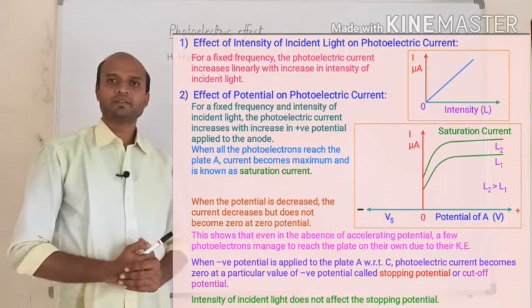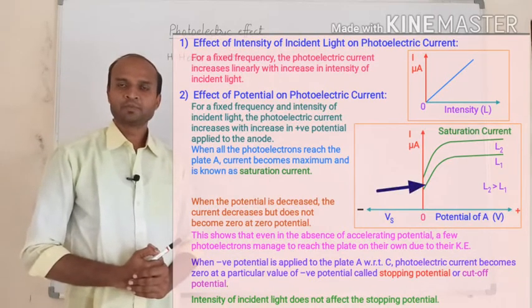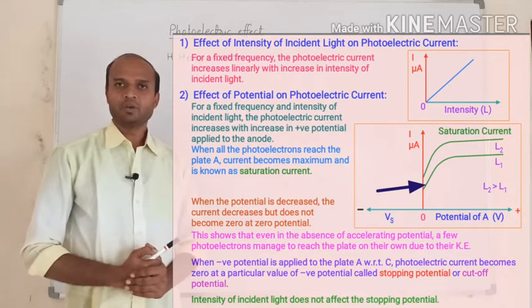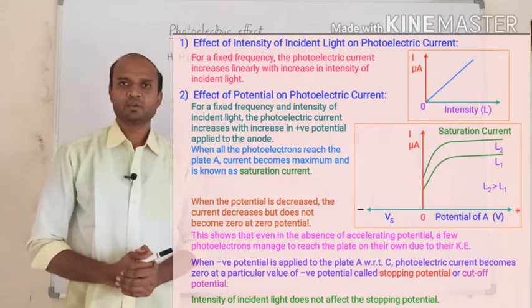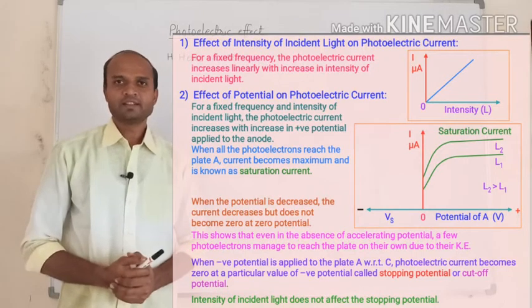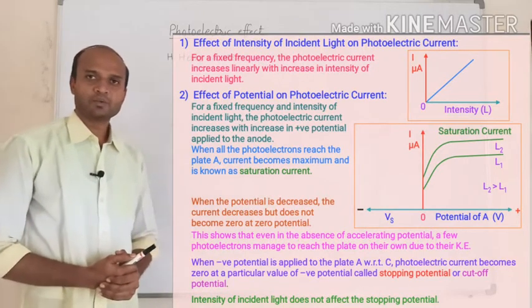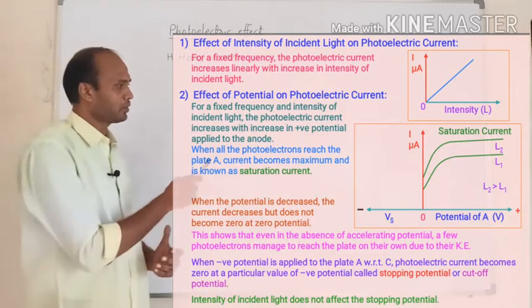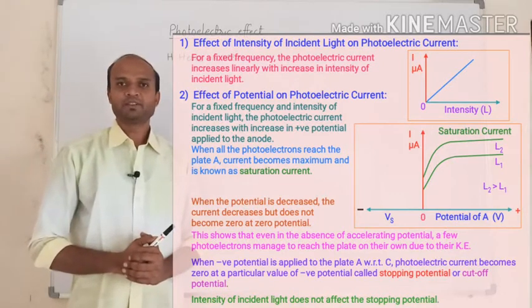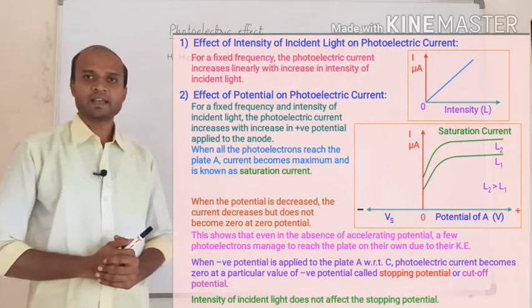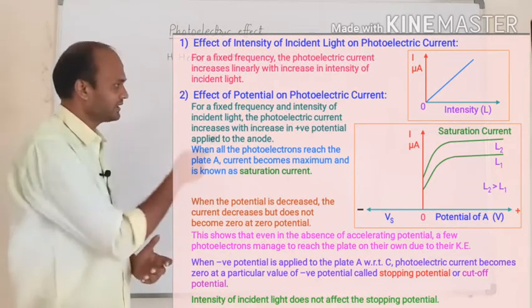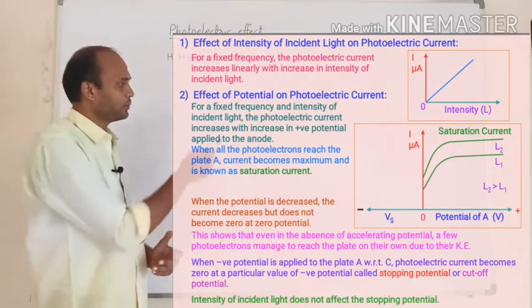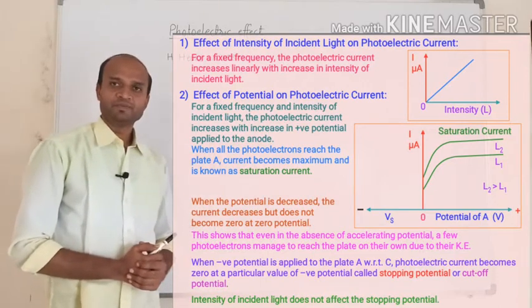Here it is observed that when the potential difference is 0, the photocurrent is not equal to 0. It doesn't mean that it is always non-zero; sometimes it may be 0 and sometimes it is not. When the potential difference is 0, the photocurrent is either 0 or non-zero. Here in this graph it is shown as not equal to 0.